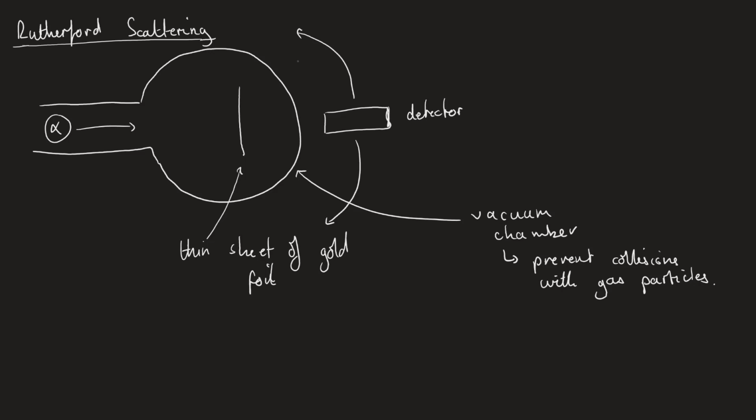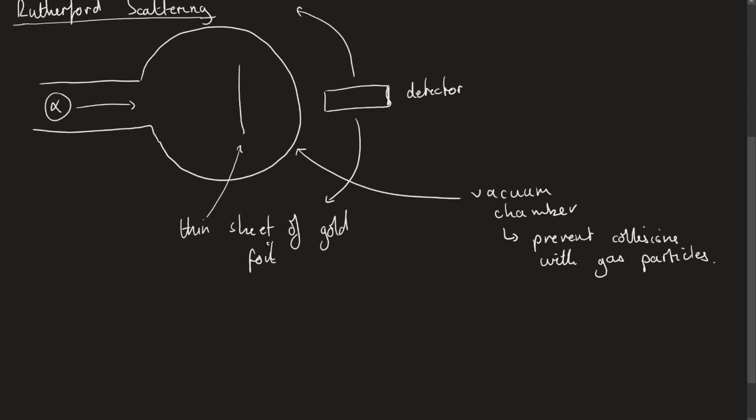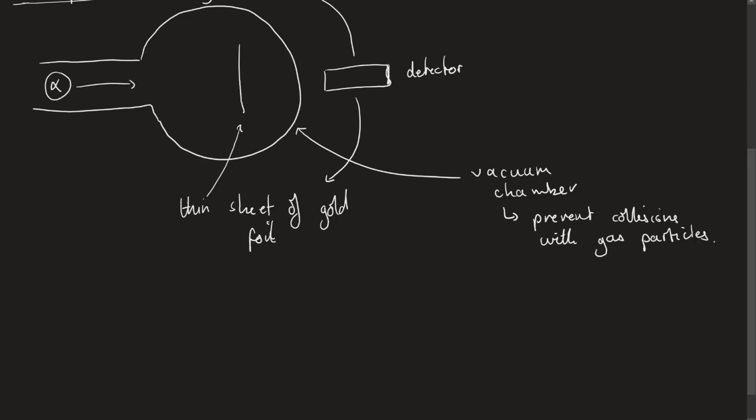He fired these alpha particles at this thin sheet of gold foil, and he just measured where he could see these alpha particles.